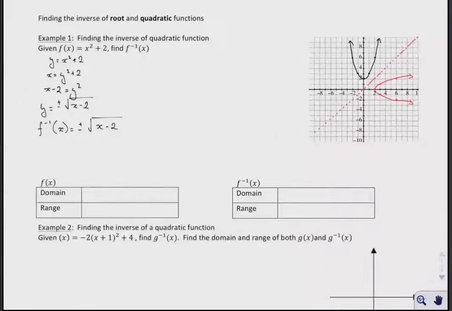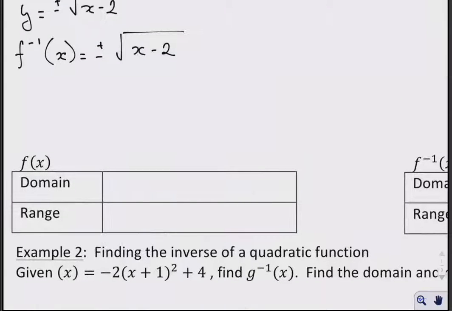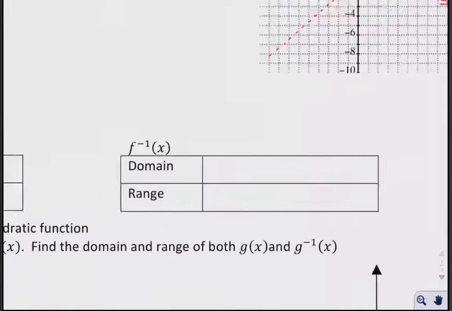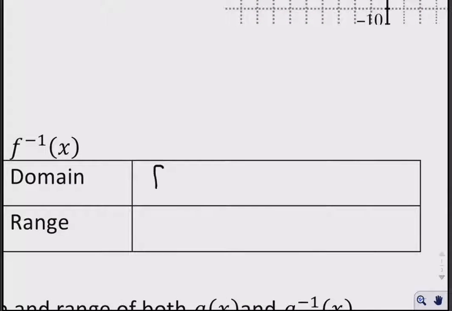So what can we say about the domain and range of these two? Well, for my quadratic, my domain is every real number, as always, and my range is going to be every real number greater than or equal to 2. For my inverse, my domain is going to be different.